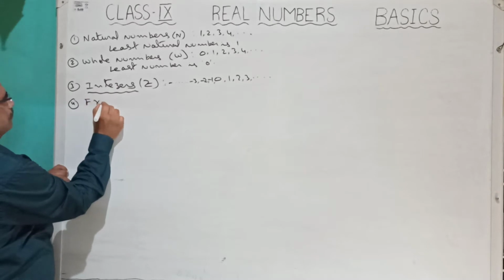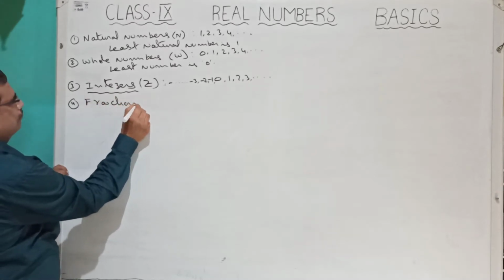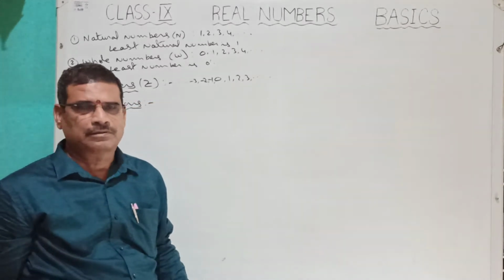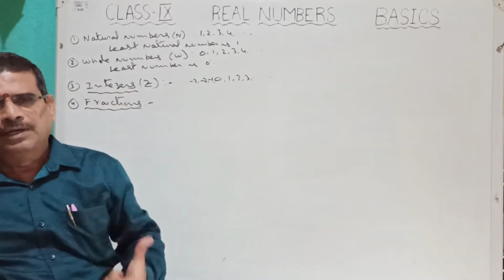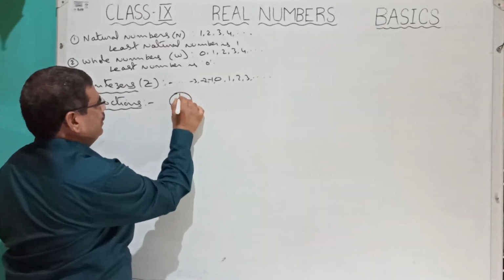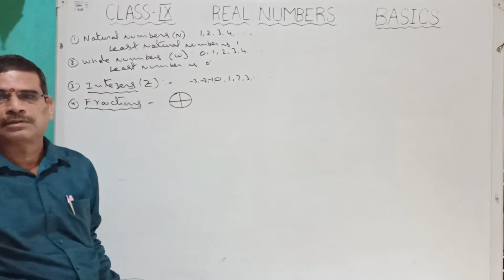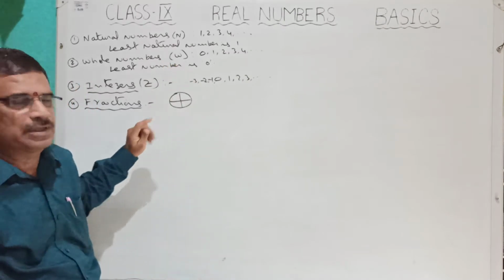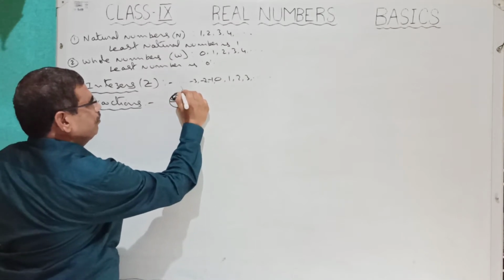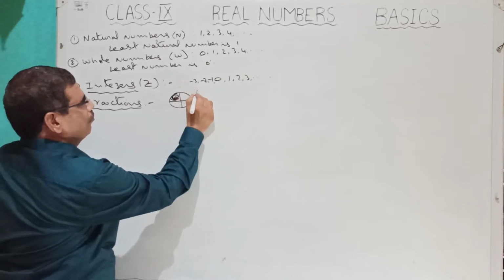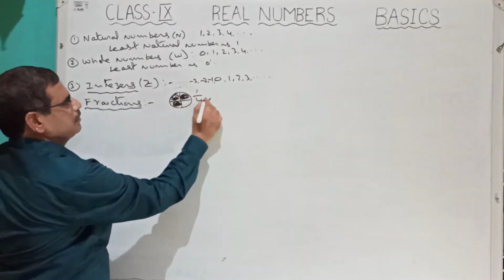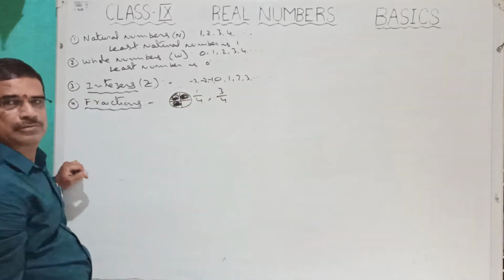Fractions. What is a fraction? If you take an apple divided into 4 equal parts, and you take one part, then it is called 1 by 4. If you take 3 parts, then it is called 3 by 4.